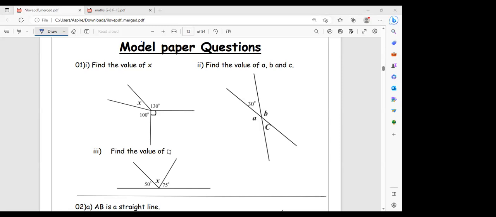Relationship between vertically opposite angles.